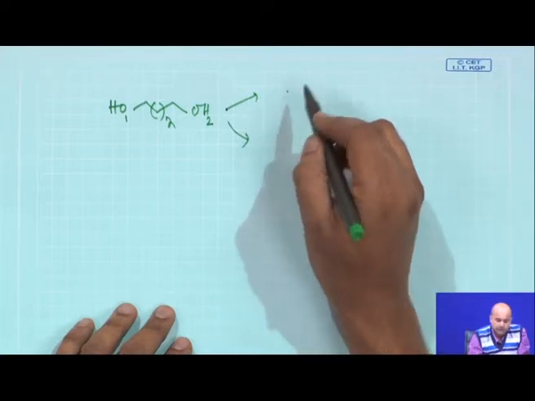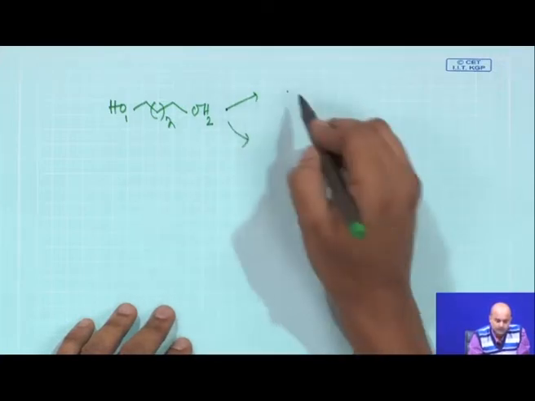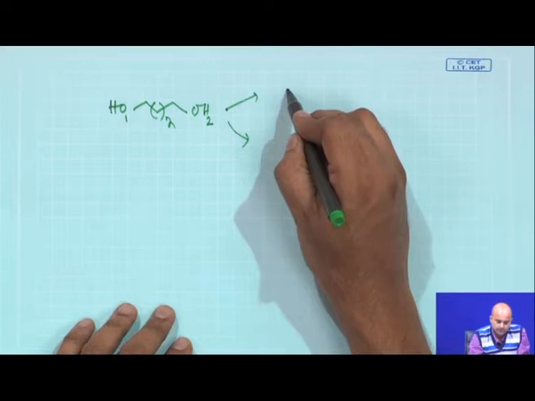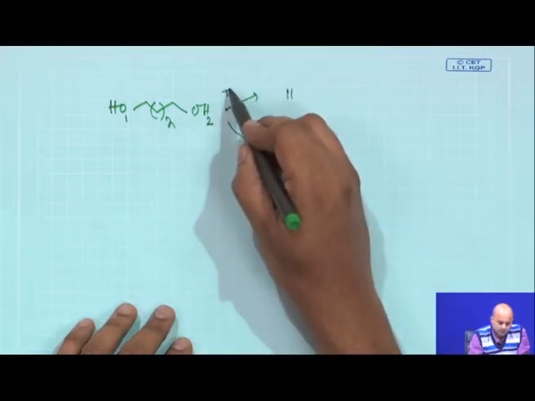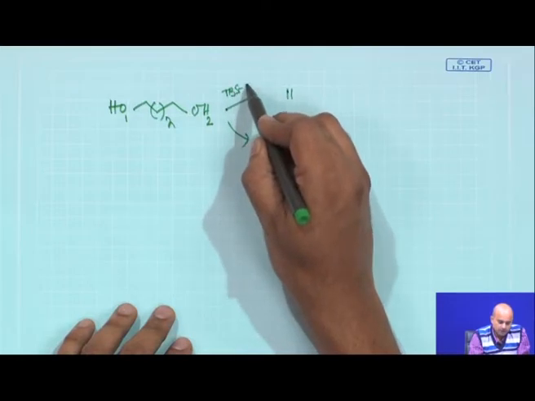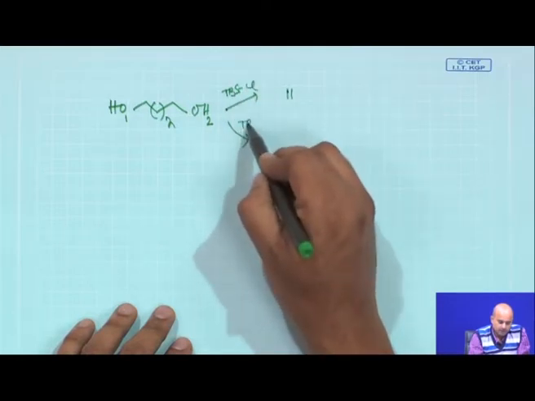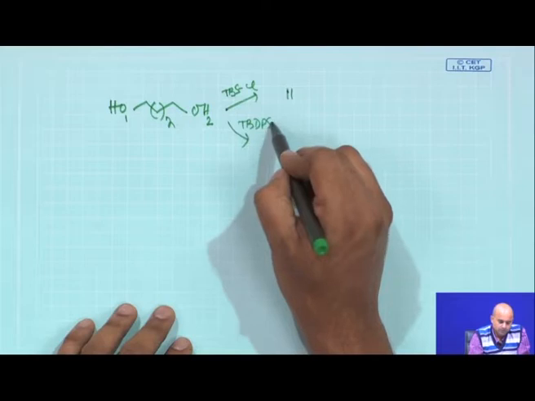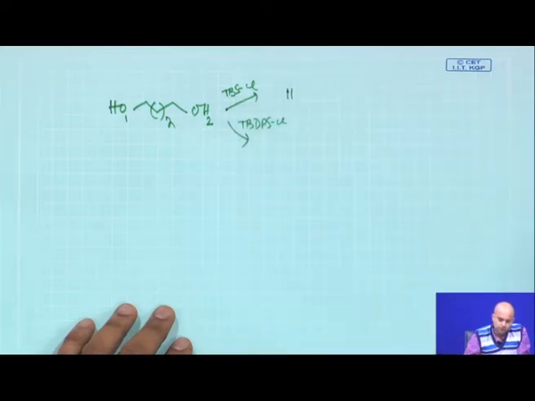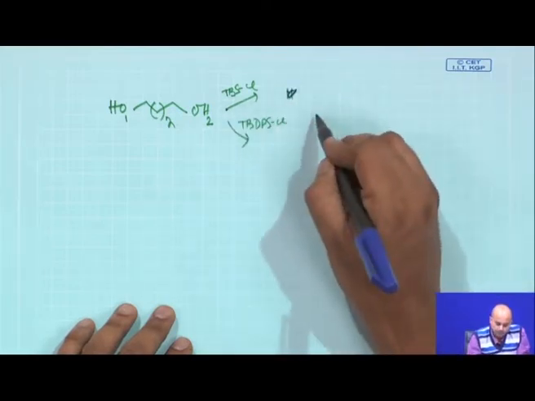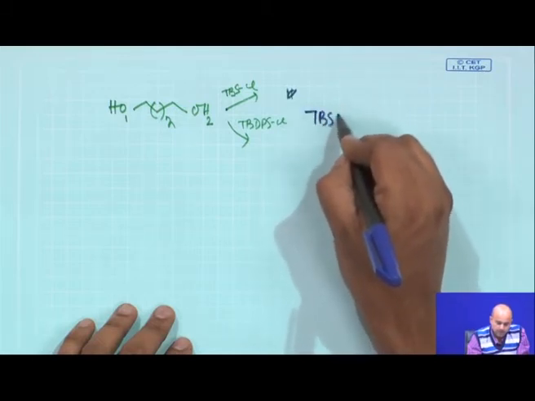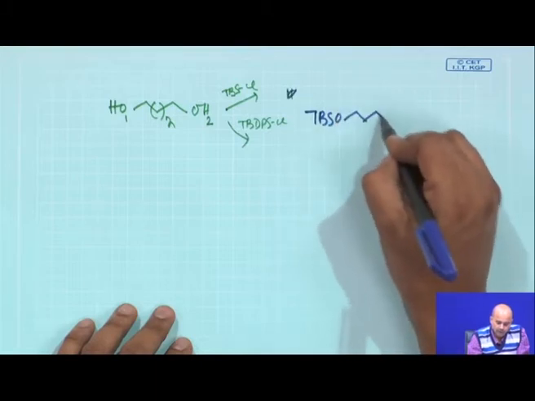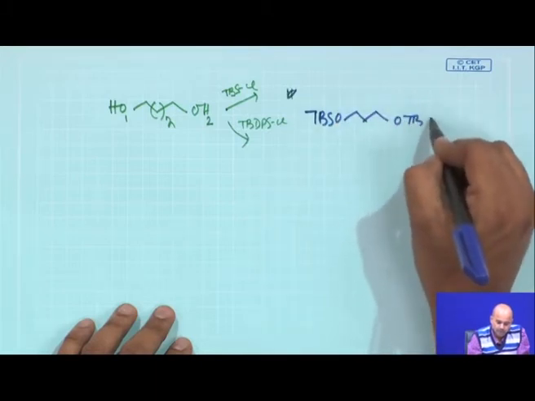There are different ways you can do this reaction. For OH1, you first react with TBS chloride followed by TBDPS chloride. Both reagents were used together, and then what product will you get? One end is OTBS and the other end is OTBDPS.